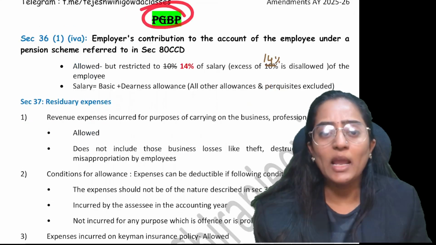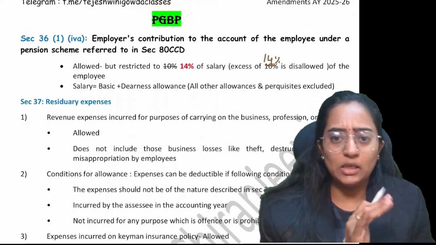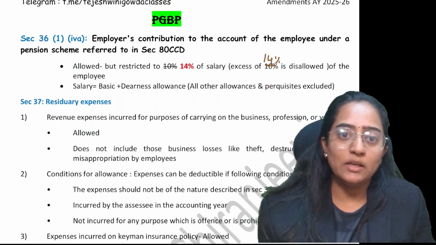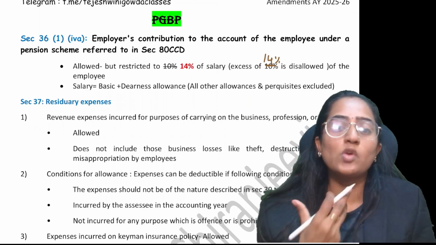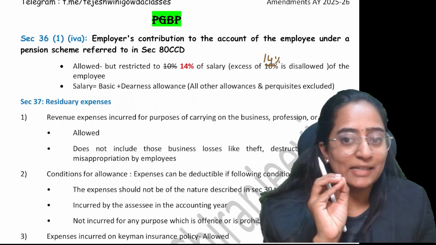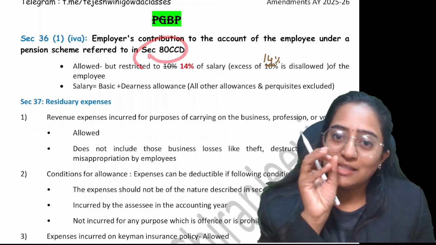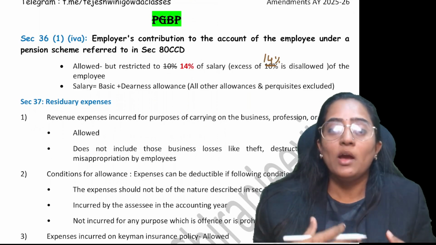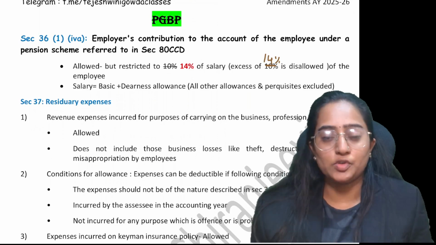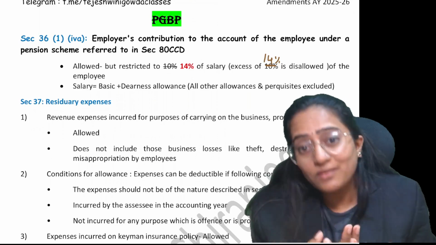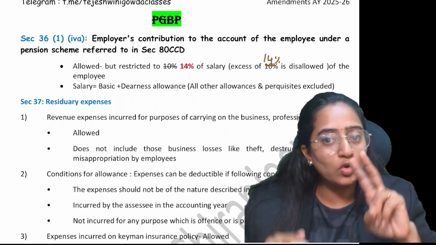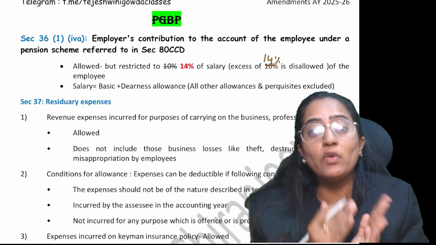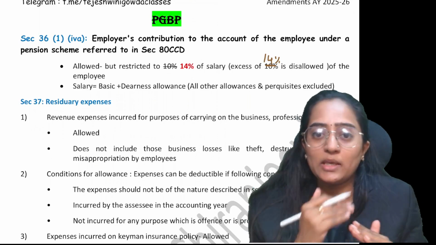Okay. And in the PGPP concept, you have a few amendments over here. Wherein the employer is contributing, there is a section called 80CCD. For the pension scheme, the employee will make a contribution on one side and the employer will make a contribution on the other side. Two contributions will be done. The employer is making a contribution on behalf of the employee, and the employee is making his own contribution.